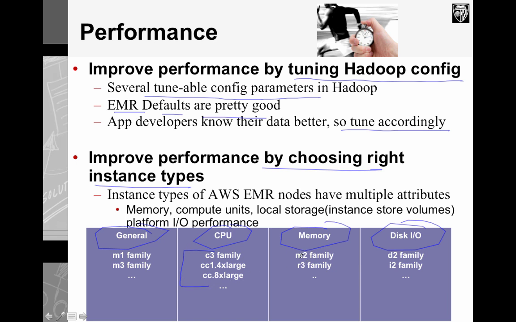If you have memory intensive tasks running in your EMR cluster, then you may want to choose instances that give you more memory, versus if you have a cluster that has a lot of storage but not much processing, then you can go for machines that have a larger disk volume. So choose the right instance type so that you can tune your cluster accordingly for performance.